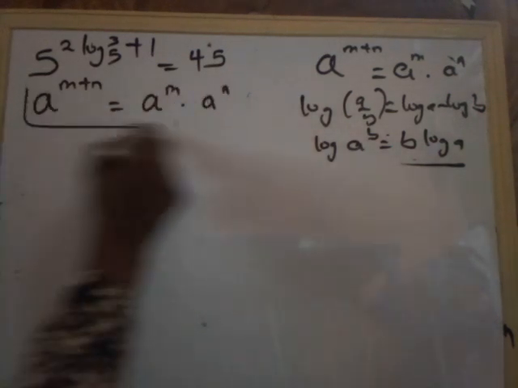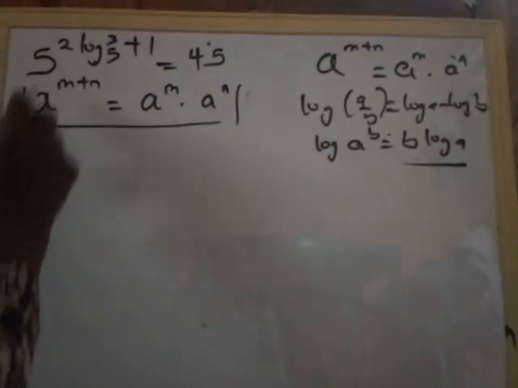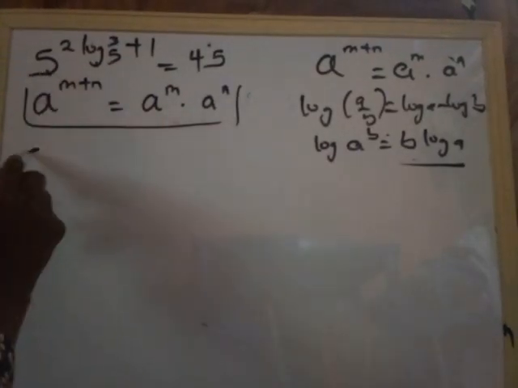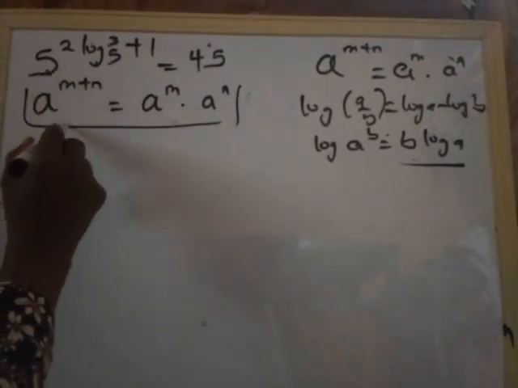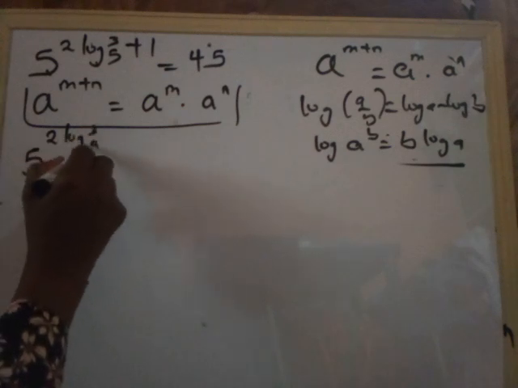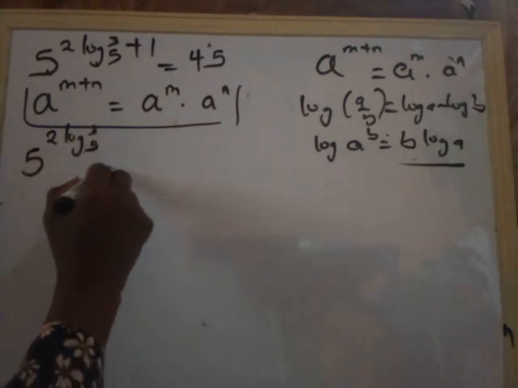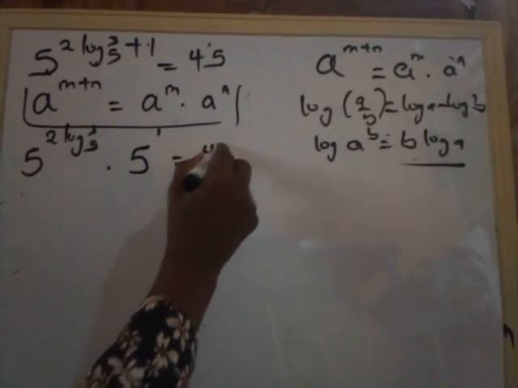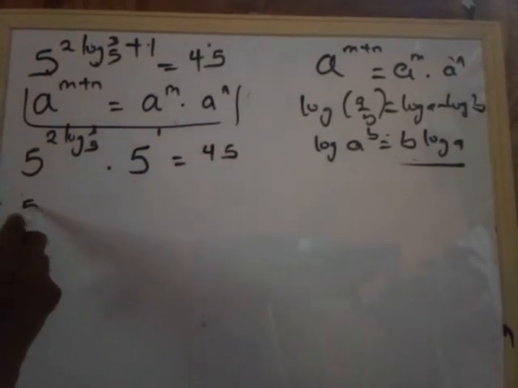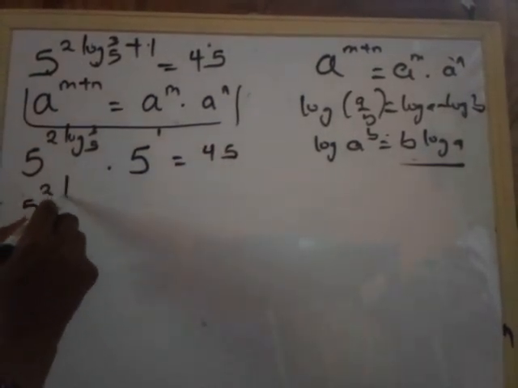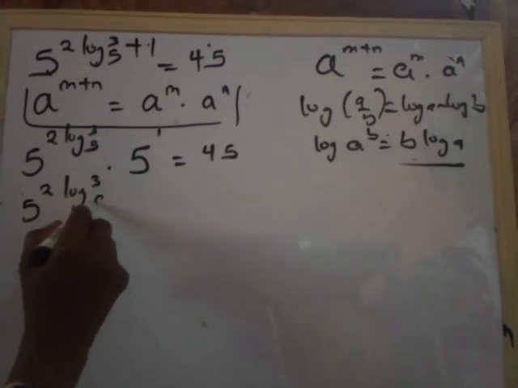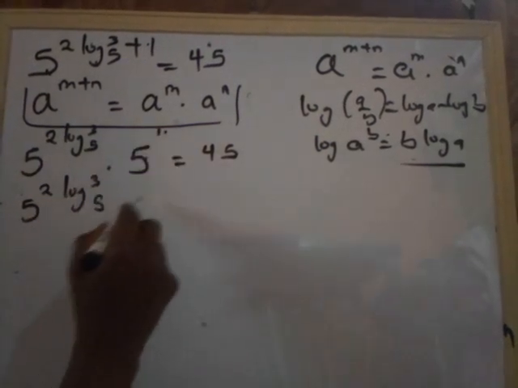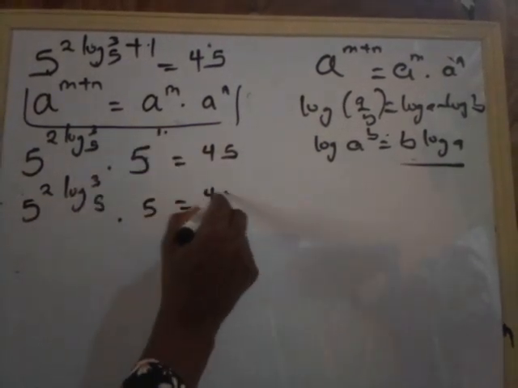So we have 5 raised to the power 2 log 3 base 5, multiplied by 5 raised to the power 1, which is the same thing as 5, is equal to 45.